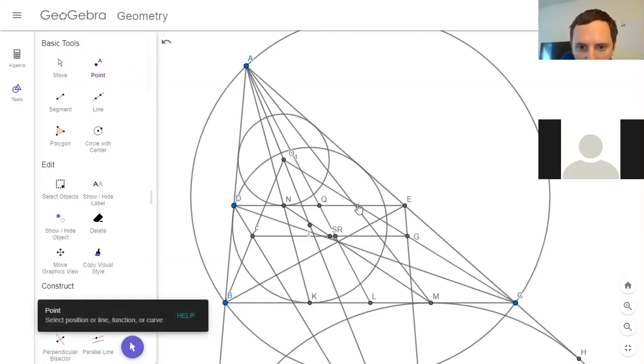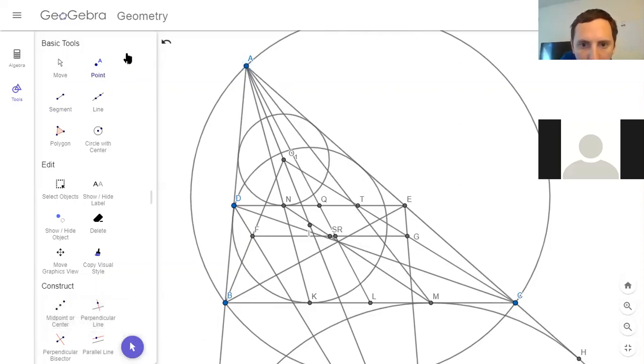So ANP is homothetic to AKM. It's kind of like we want to show S is the center.